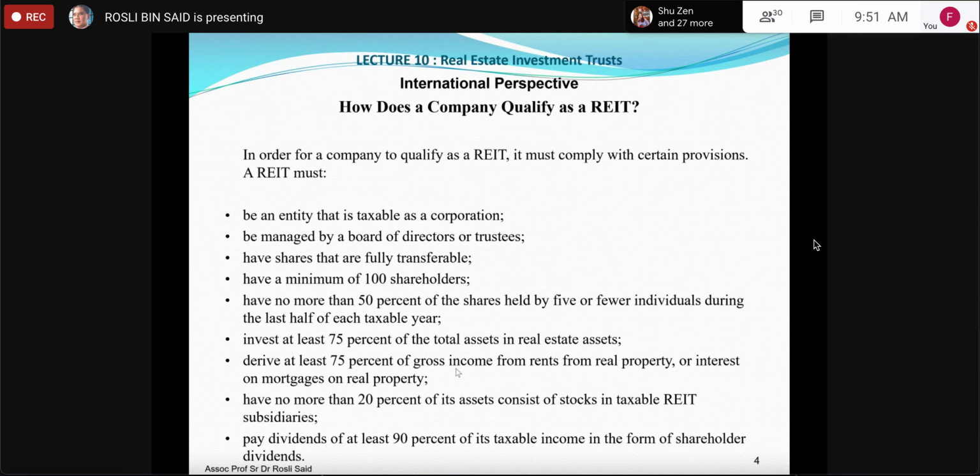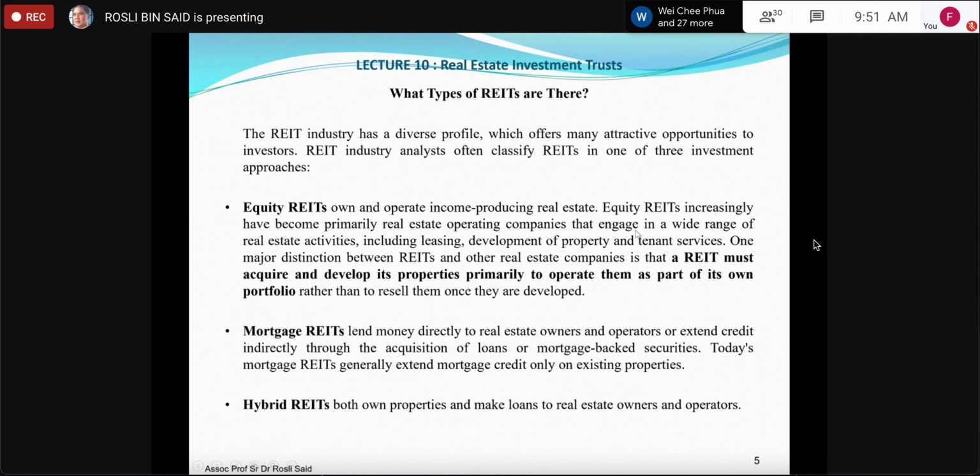But if you want to sell, it's fine. Or if they really want to be a REIT company, they have to purchase a property to be part of their portfolio. So, doctor, this means the REIT company cannot develop their own buildings, is it? Yes, they must purchase the real estate property. Oh, okay. Thank you, doctor.